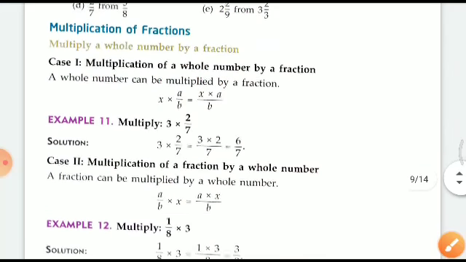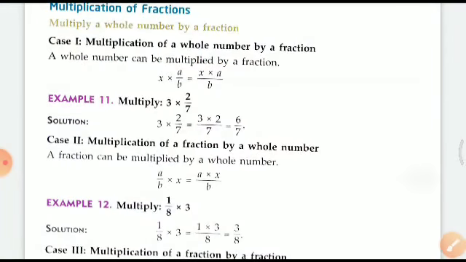Okay, now we come to another very simple operation, which is multiplication of fractions, right? Okay, now we have to do nothing here. In multiplication, numerator multiplies with numerator and denominator multiplies by denominator.